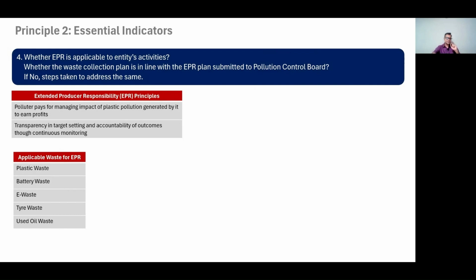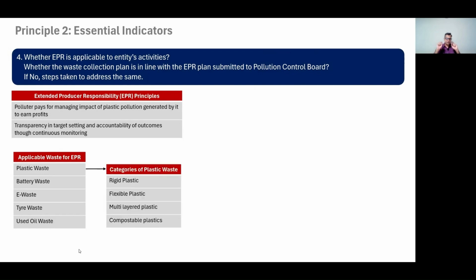Particularly for plastic waste, which is the most problematic thing at present, plastic waste is divided into 5 categories. Rigid plastic, which is, for example, the plastic in which we get our shampoo bottles, the cream bottles, etc. Flexible plastic, which is sheets of plastic, single sheet or multiple sheet.